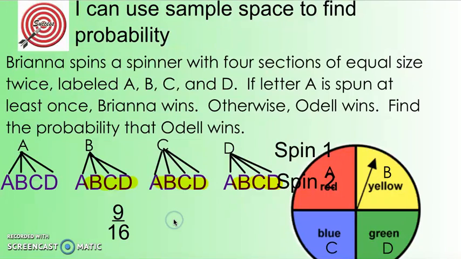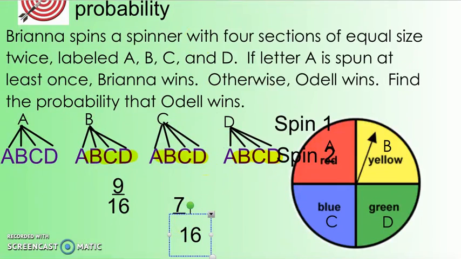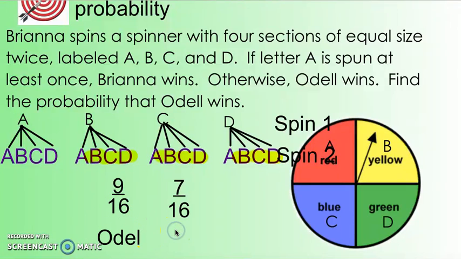Well, she gets all the rest, because they should add up to equal 1 whole. So she would get all the rest of them, which would be 7 out of 16, because 9 plus 7 is 16. So this would be Odell, and this would be Brianna. I think I spelled Odell wrong. Let's add another L.